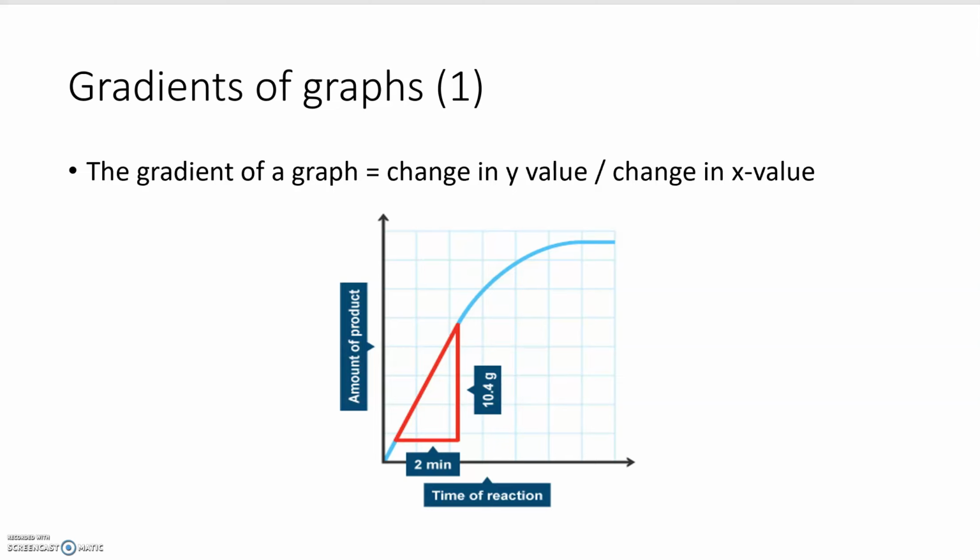Now, in a higher GCSE paper and a triple paper, you will be told to work out the gradient of the graph, which you use in maths, but in science we call it the gradient. So you draw a triangle where you do y divided by x, and then you can follow out the calculation for the gradient.